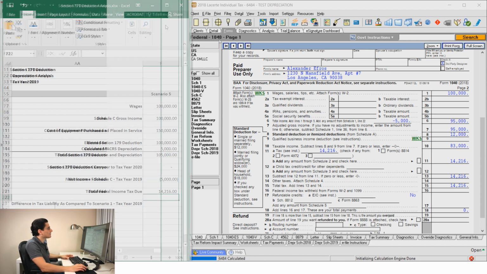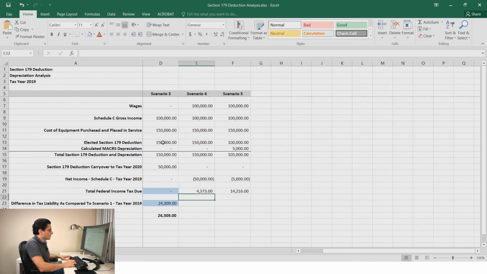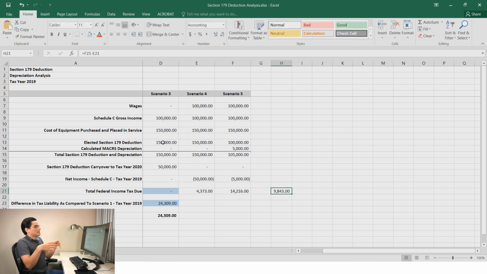Now let's take a look at that a little bit more closely here. All right, so the difference there is pretty significant. By taking a smaller portion of Section 179, obviously that's increasing the amount of tax due by almost $9,500.